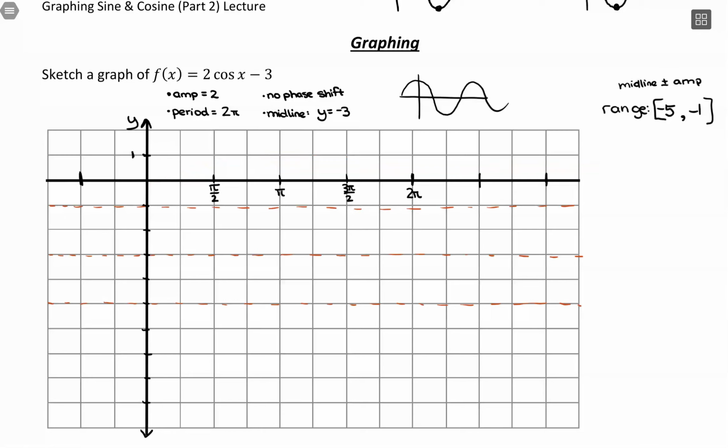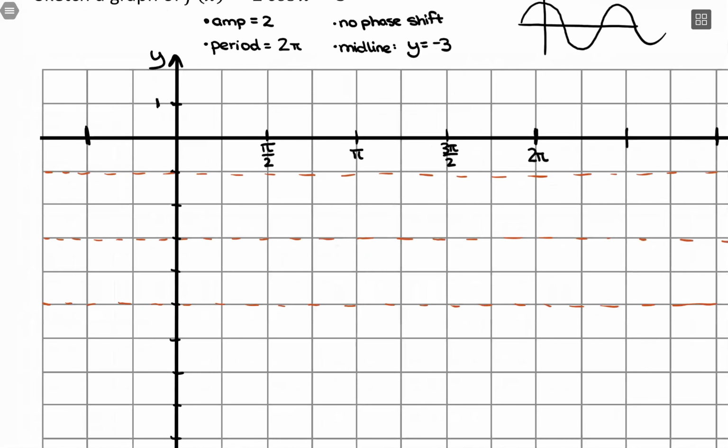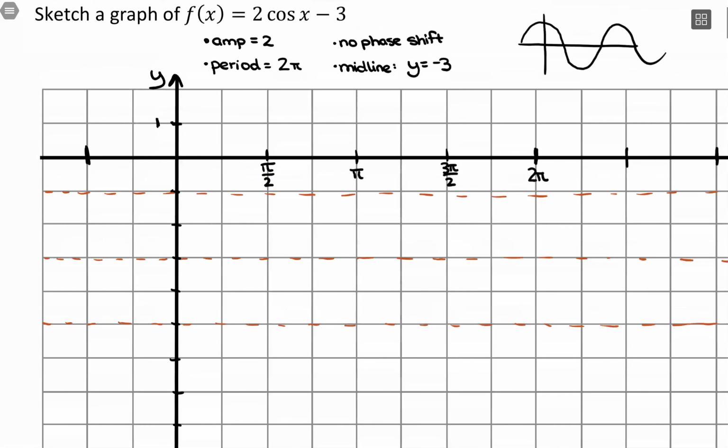So there's no phase shift here, so that helps a lot. We don't need to worry too much about that. So what I'm going to do is now place my 5 special points. In terms of cosine, we start at a maximum, halfway in between the end of the period and the beginning is our minimum, and then we cross the midline at those 2 points.